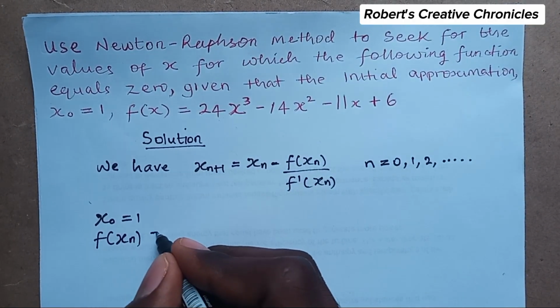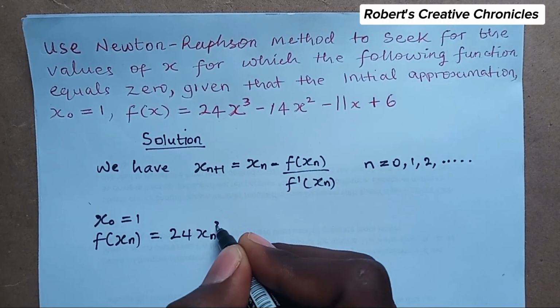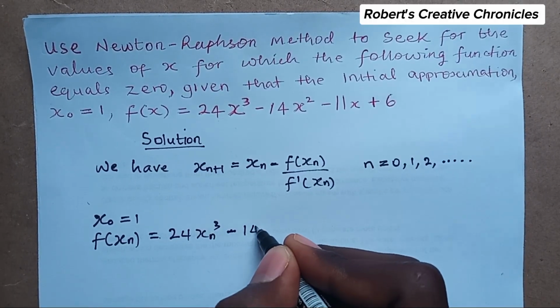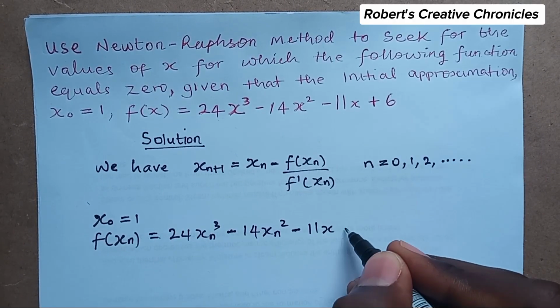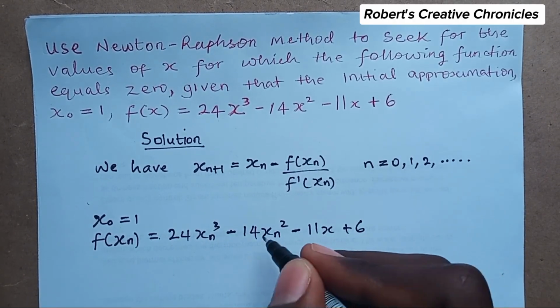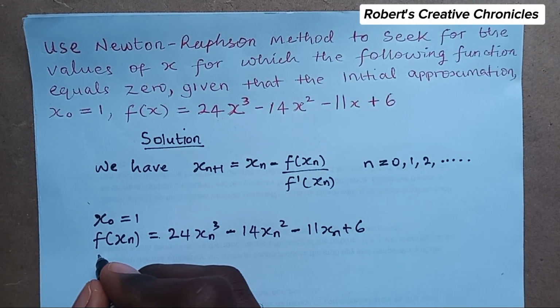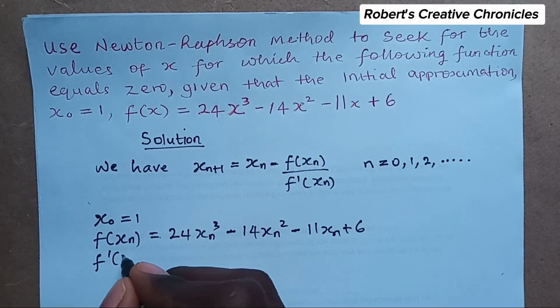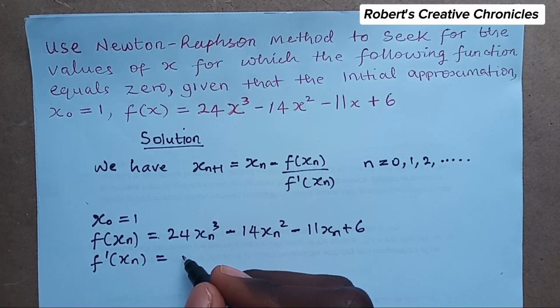Let's express this in terms of x n: f of x n is 24 x n cubed minus 14 x n squared minus 11 x n plus 6. Then f prime of x n is the derivative of this function.